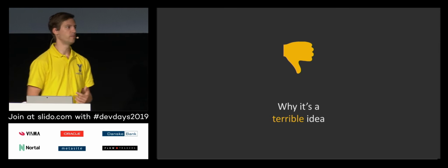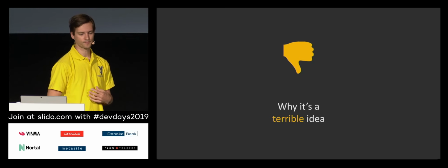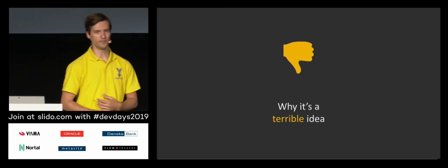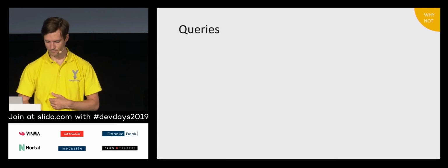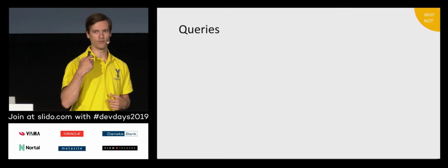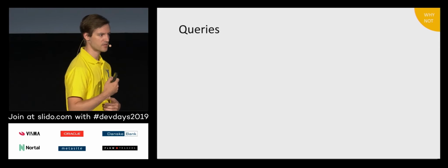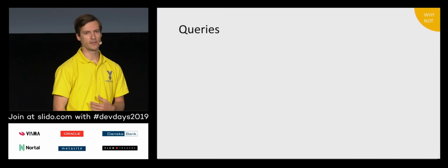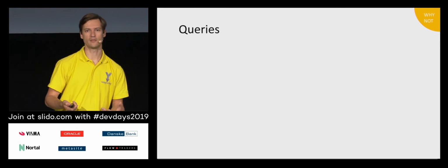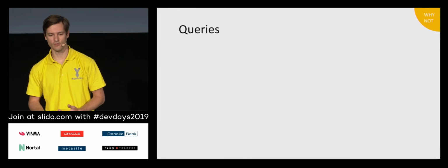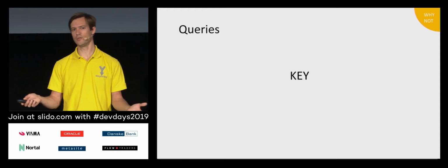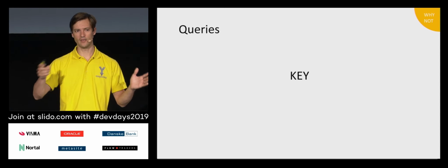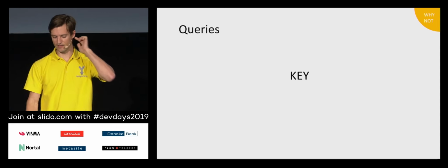I want to talk a bit about the problems that we encountered while using it and what we did to solve them. The first thing is not a Git-specific problem, that's queries, but it's a problem that happens with all key value stores. How can you query it? Well, you need to know the key. You need to know your exact file name and the path that leads to that file name.